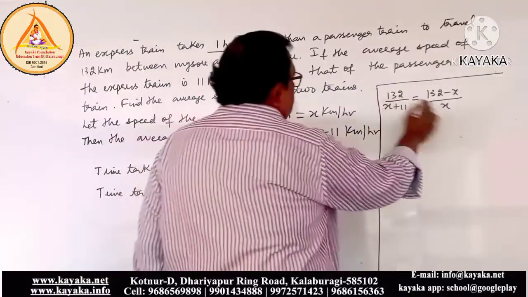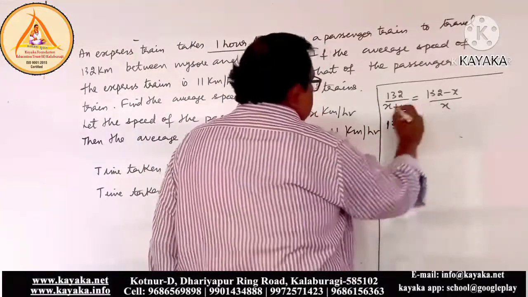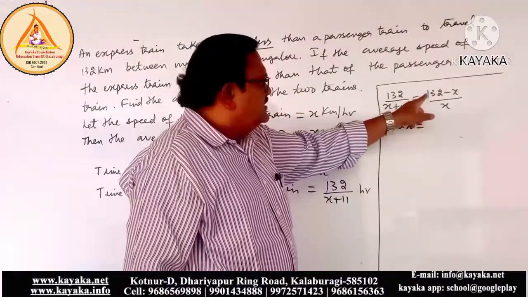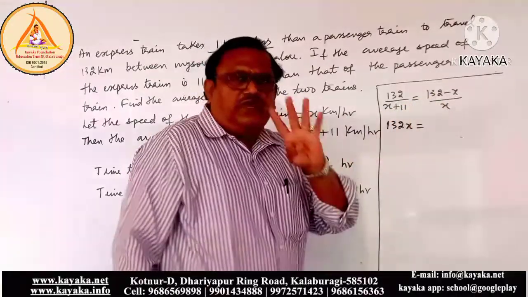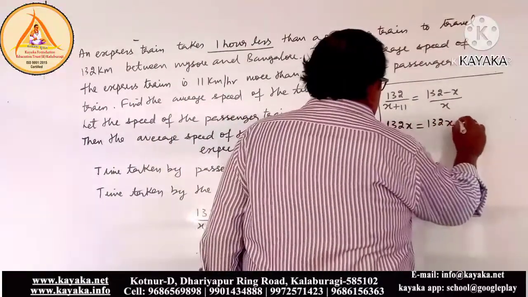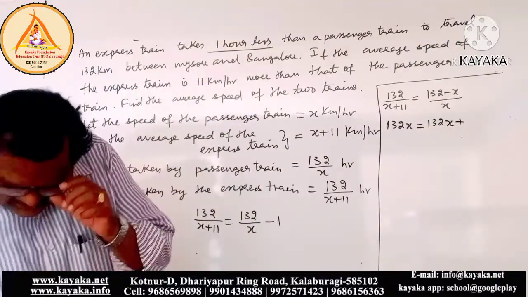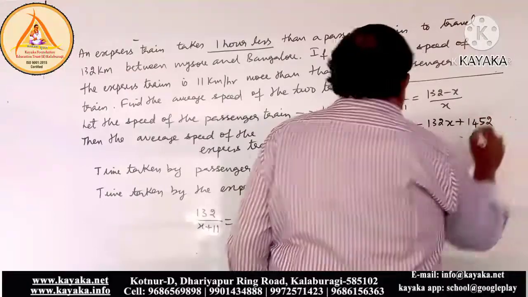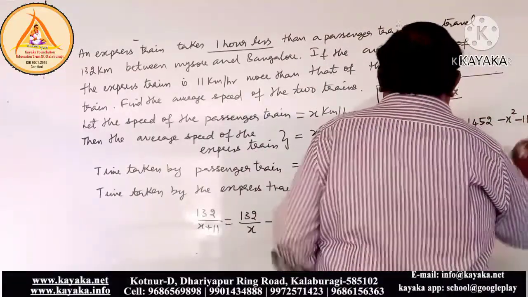Okay. Next, just cross multiply. You will get 132x will be equal to, just here you will get 4 terms. If you multiply this and this, you will get this term into this and this into this. Therefore, totally 4 terms you will get. Therefore, you will get 132x plus 132 into 11, which is 1452, minus x square minus 11x.